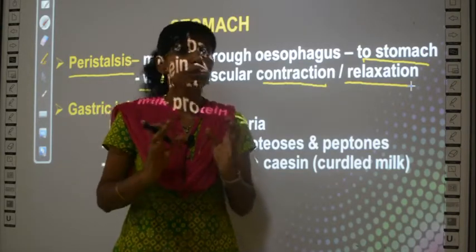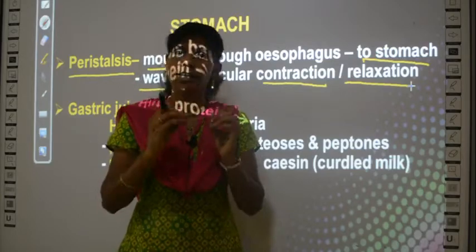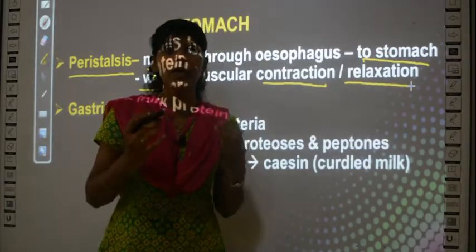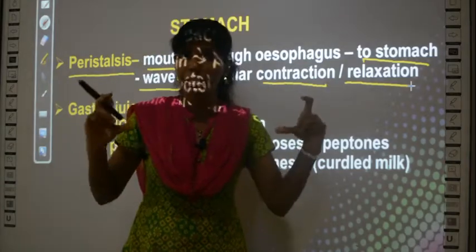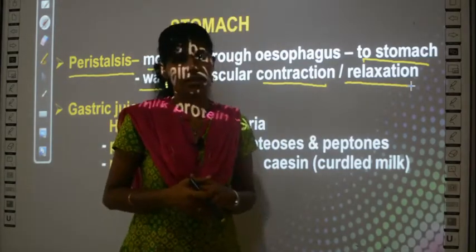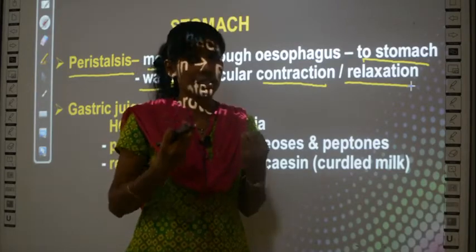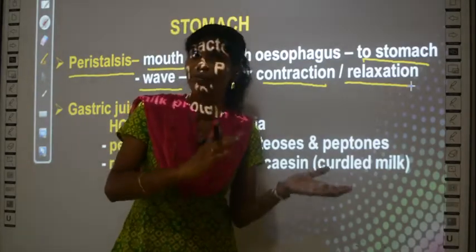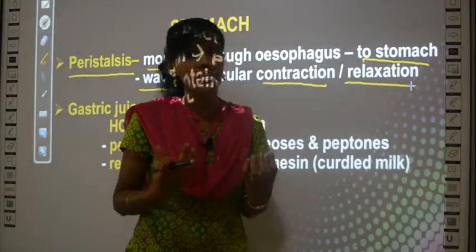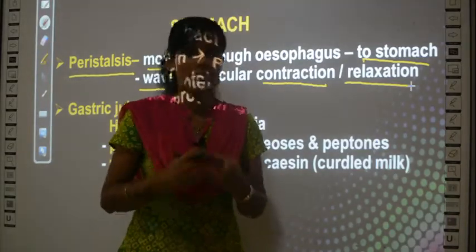Enzymes are substances which can break a bigger particle into a smaller particle. They are not like teeth. They break food by chemical reaction, not by physical or mechanical means.